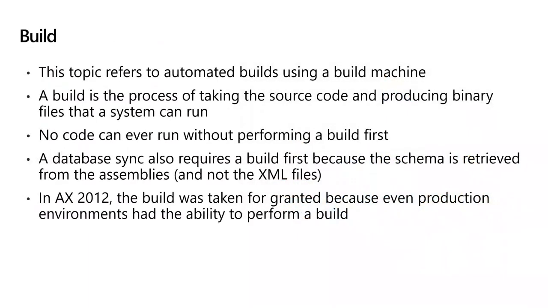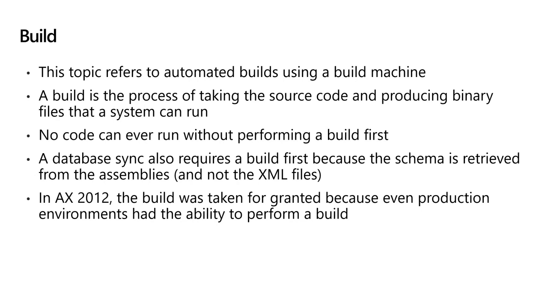This topic on builds refers to automated builds using a build machine. Of course, dev machines do builds as well, but we're talking about the ones done on a build machine. And in any case, a build is the process of taking the source code and producing binary files that a system can run. No code can ever run without performing a build first.